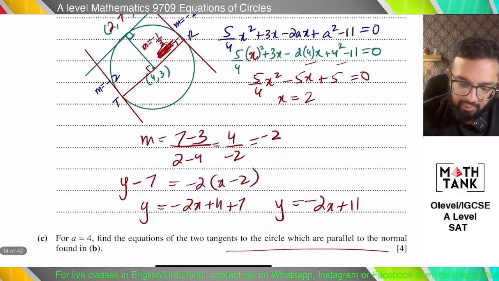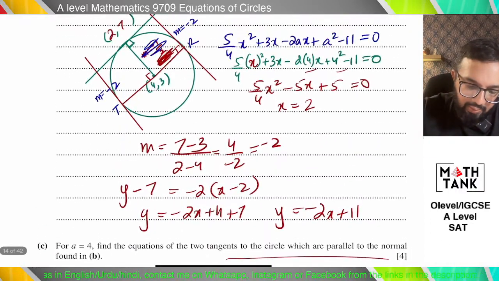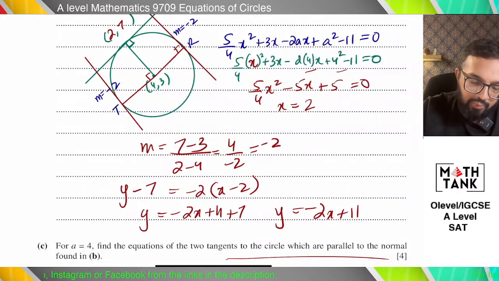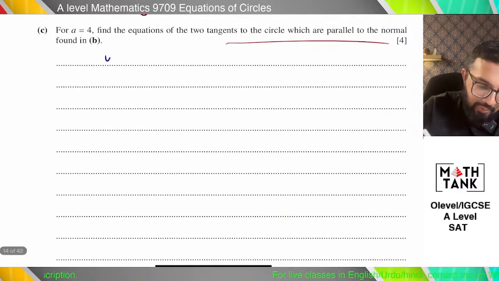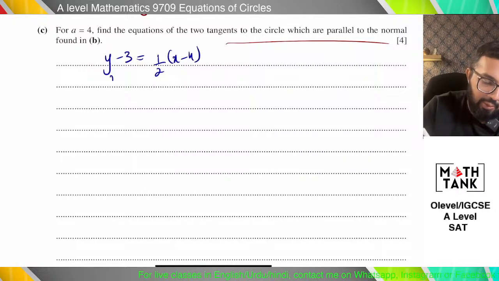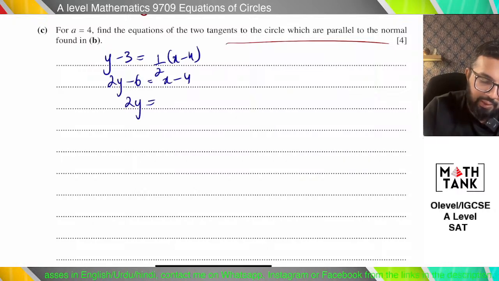So let's pick the easy way out. If this had a gradient of minus 2, this has a gradient of half. Okay, so y minus y1, m x minus x1, 2y minus 6 equals x minus 4.